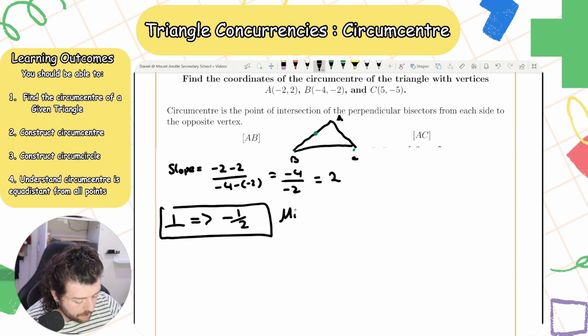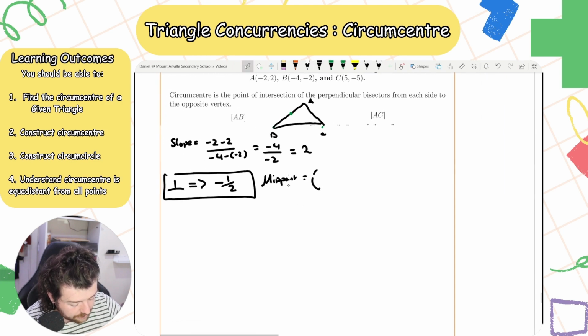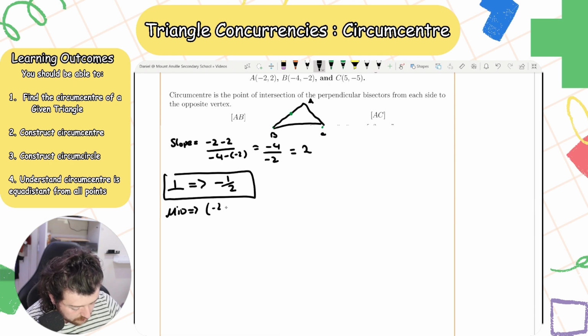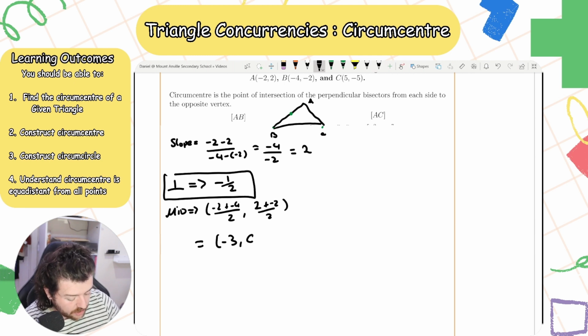Then my midpoint I'm using here is -2 plus -4 all over 2, and then 2 plus -2 all over 2. So my midpoint is -6 divided by 2, which is -3, and then 0 divided by 2 is 0. That is my midpoint.